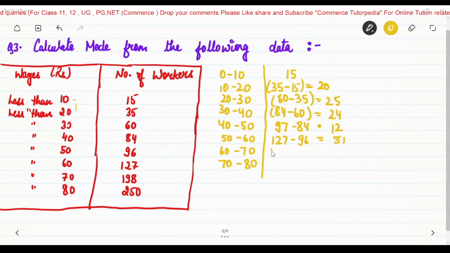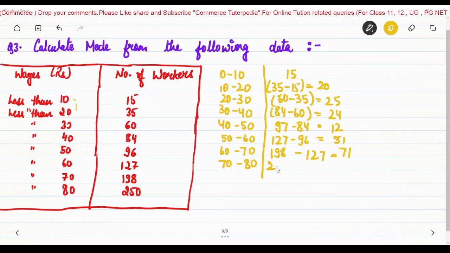Okay, then 198 minus 127, we have 71, and the last one is 250 minus 198, we have the answer as 52. Now let us see how to calculate mode.